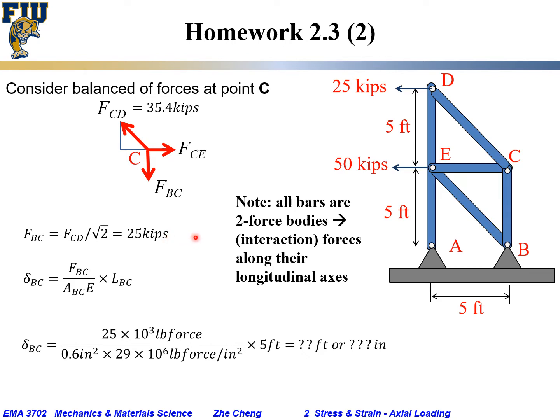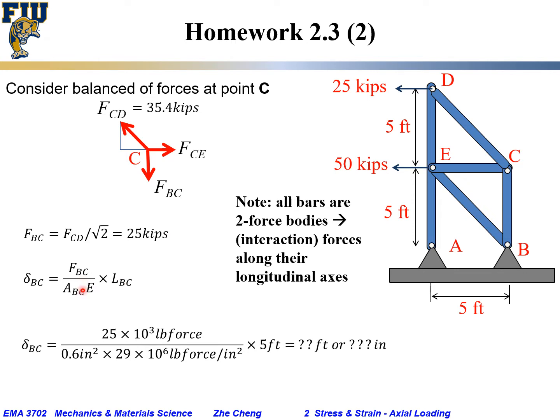Then what do we want? In this case for BC, we also want the elongation, delta BC, delta for absolute change in length. For the BC rod, it would be force over area over elastic modulus times the initial length. The FBC we already know.